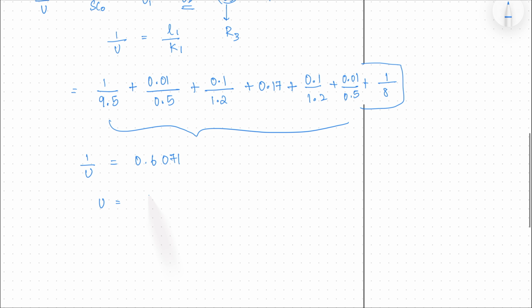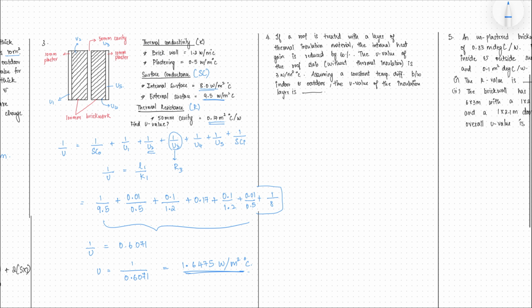So your U value would be 1 by 0.6071, which is 1.6475 watt per meter square degree Celsius. That is the U value of the surface. I hope this is clear. And now let's move on to the next sum.